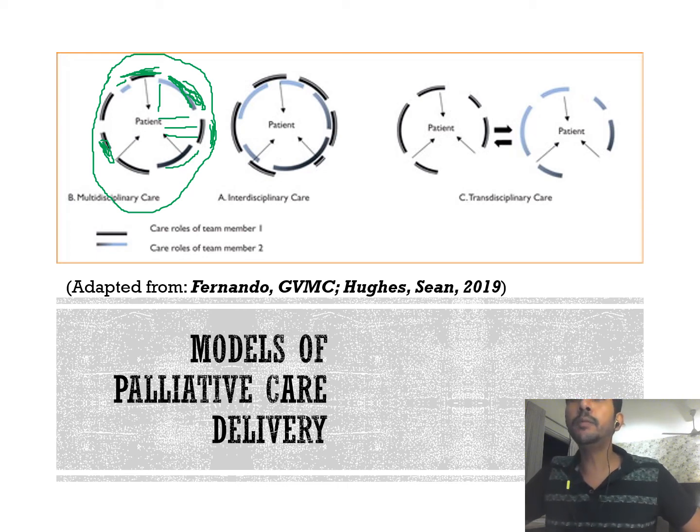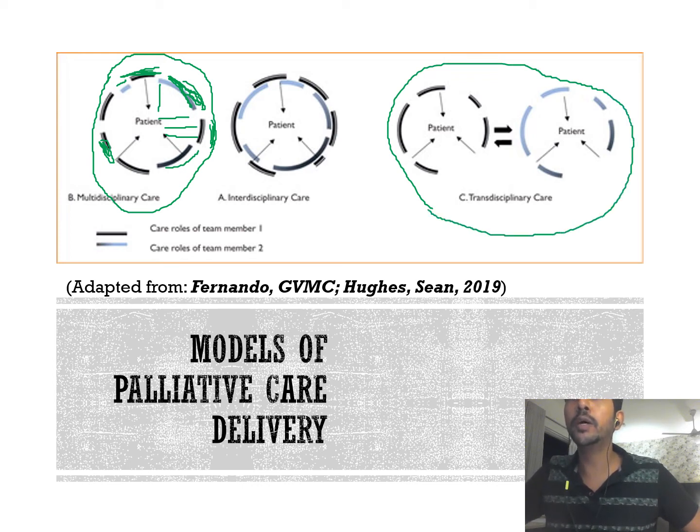And then if we move to the rightmost end, we have the transdisciplinary care model, where we have a few professionals involved with the care of the patient, and the physician has his role, the nurse has his or her role, and there are care gaps.